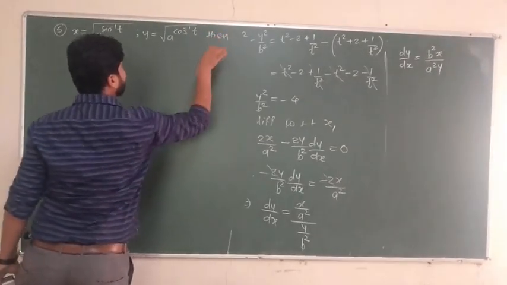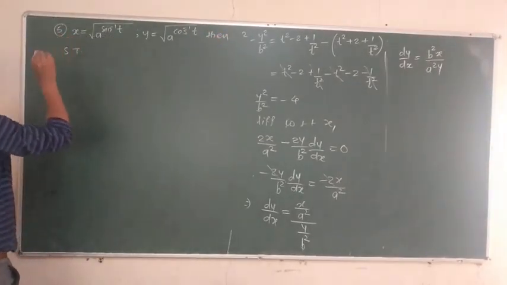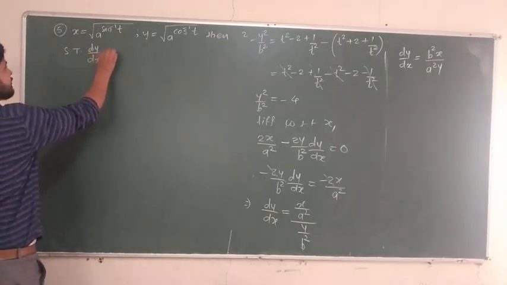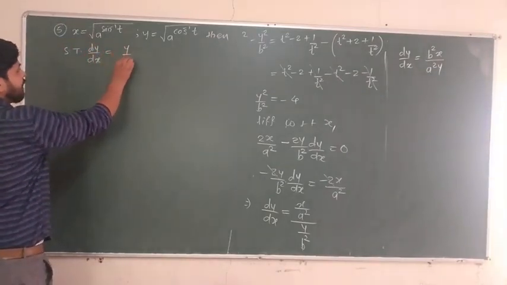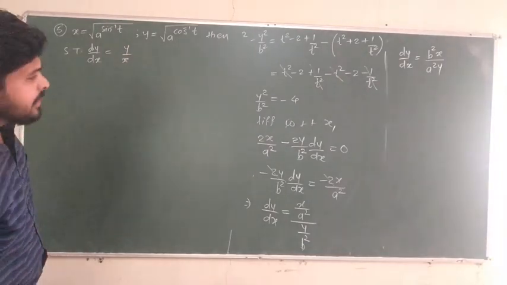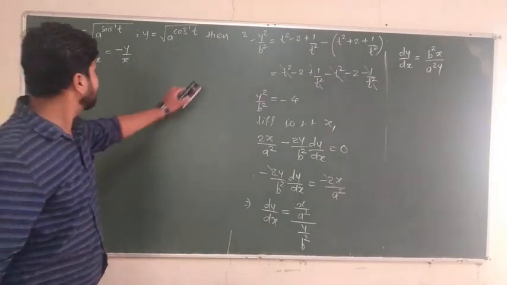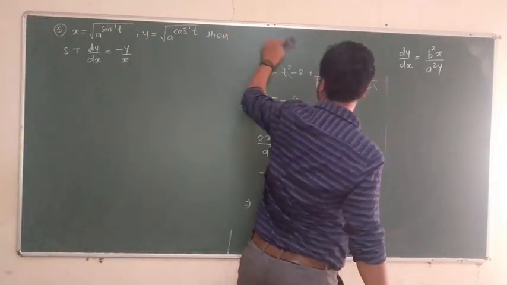Then show that dy by dx is equal to, sorry, minus y by x. Then show that dy by dx is equal to minus y by x.